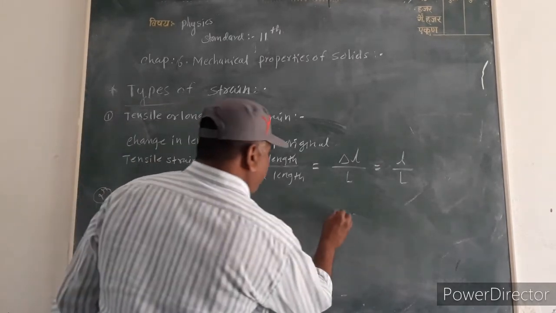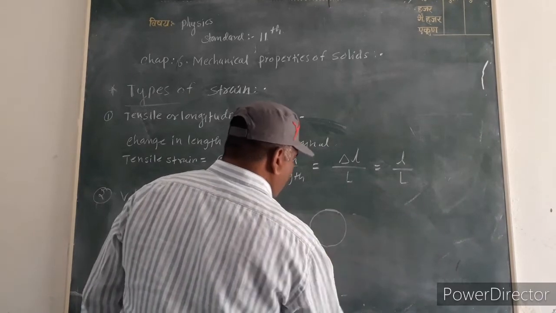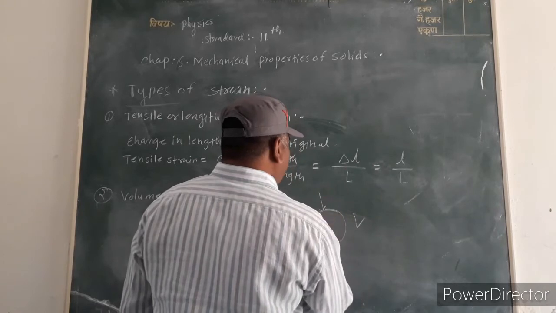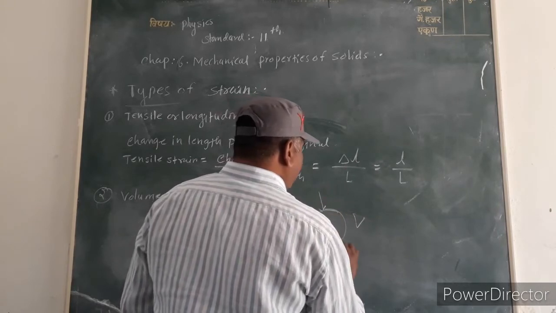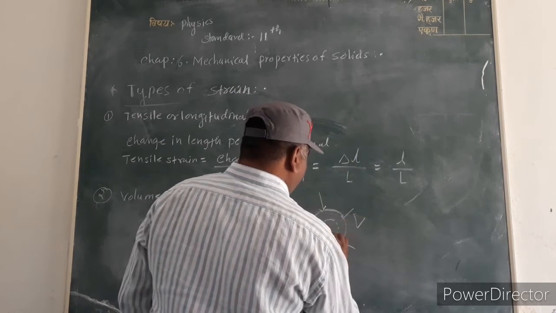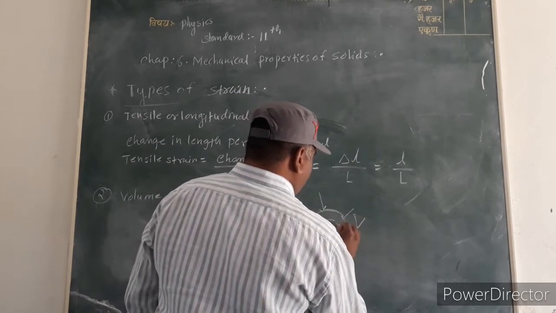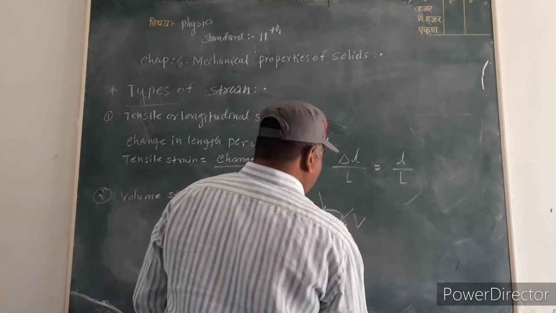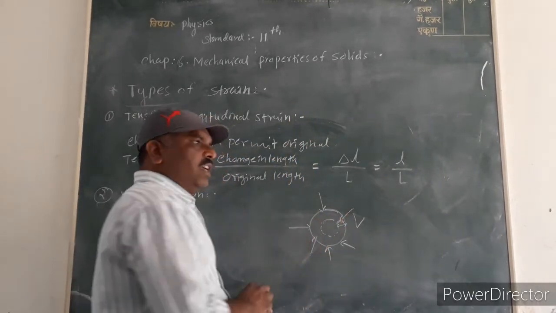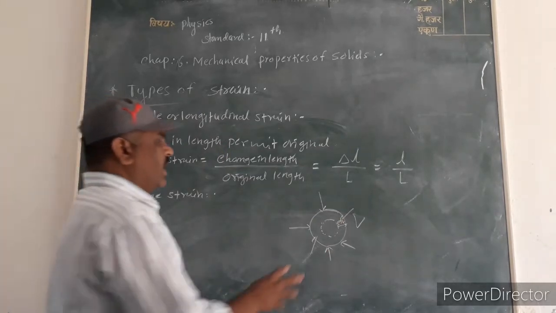Suppose this is the original volume V. If you apply pressure on each side, then this is dV, the change in volume. If we apply the pressure, the volume decreases.